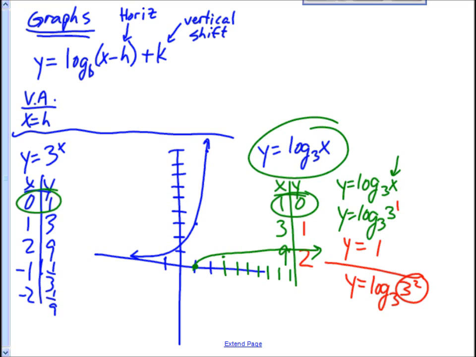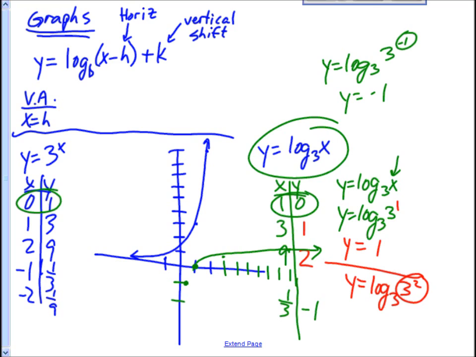Now let's pick 3 to the negative 1. So let's go log base 3, and let x be 3 to the negative 1. What's 3 to the negative 1? That's 1/3, and log base 3 of 3 to the negative 1 is negative 1. So a third of the way to the right, I'm down at negative 1.